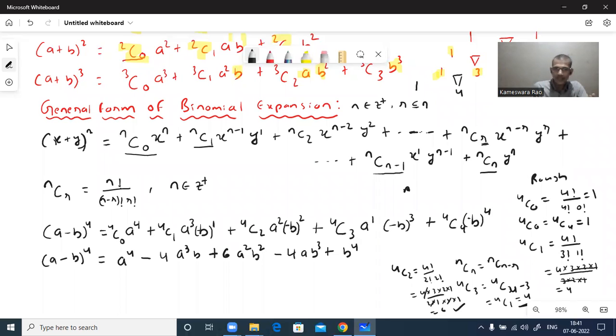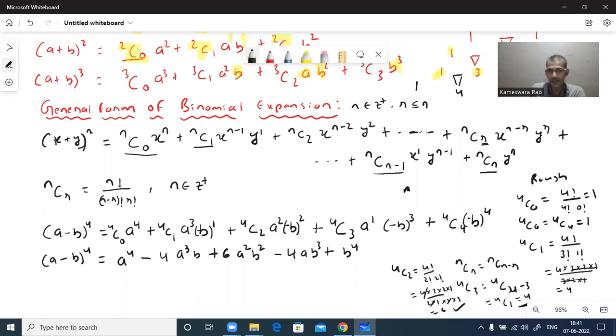So using binomial expansion, you can find the formula for A plus B whole power 4 or A plus B whole power 5. You just have to remember this: how many terms will be there, and how you can observe the patterns. The first variable will start with the highest power, and the index will keep reducing by 1 in each successive term. The second variable will increase by 1.